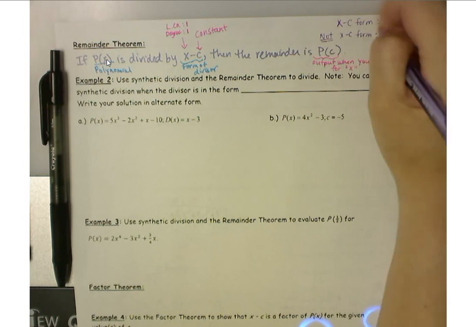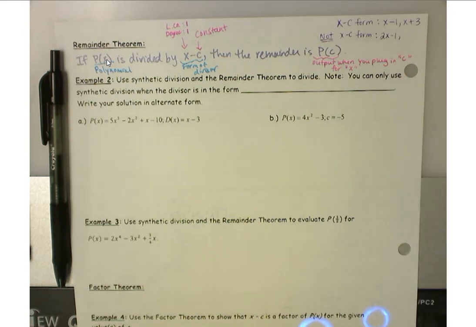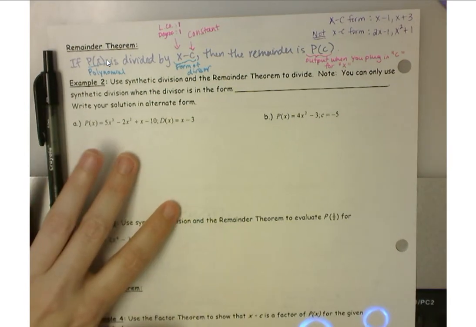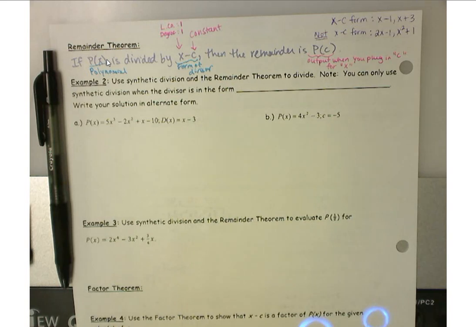So something like 2x minus 1 would not be in that form. John M., why would that not be in x minus c form? Because the leading coefficient is 2 and not 1. Good. And then our other example is x squared plus 1. John T., why would that not be in x minus c form? Because the degree is 2. Good, so it's x squared instead of x, your degree is 2, not 1.